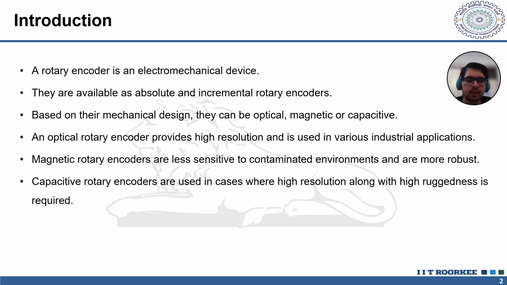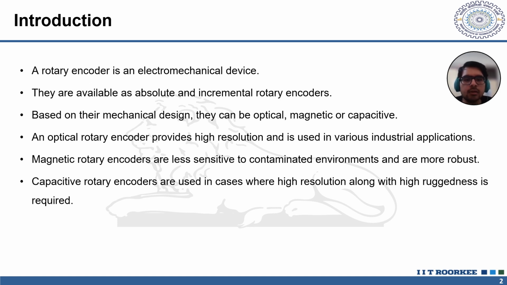Now here is an introduction to the whole presentation. We will understand firstly that a rotary encoder is an electromechanical device that detects rotational change and creates an electrical response for the same. Then we will see that they can be either absolute or incremental.